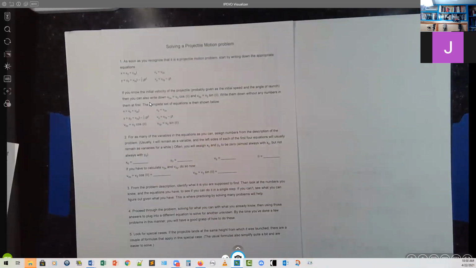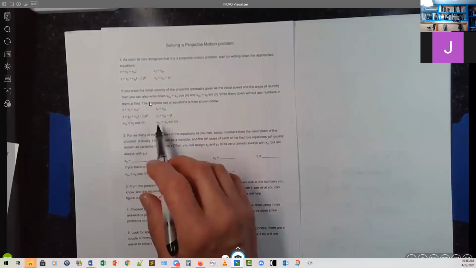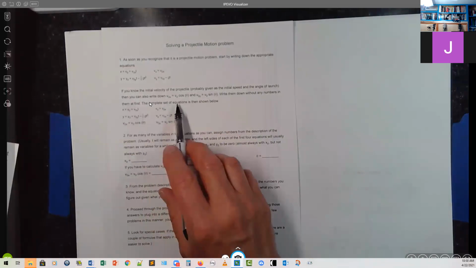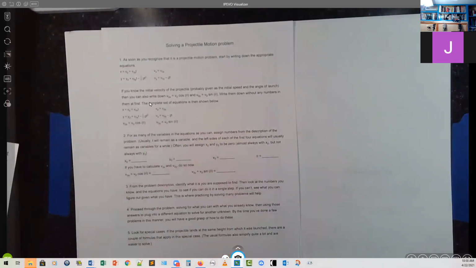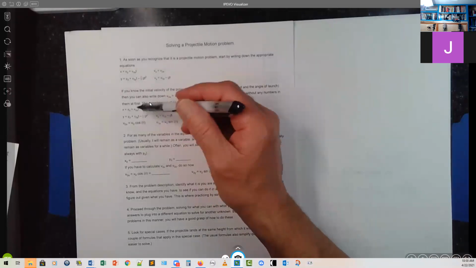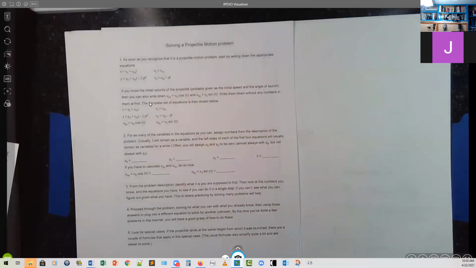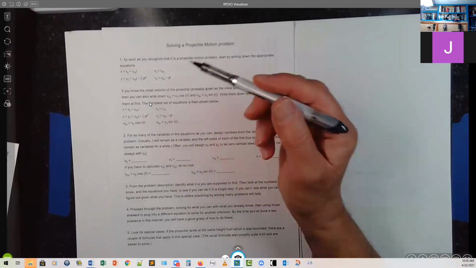And usually I write them down without any numbers at first. And so my complete set of projectile motion equations are these ones, all 6 of these things. I've got the x and the y parts mixed up a little bit, but that's what they happen to be anyway.